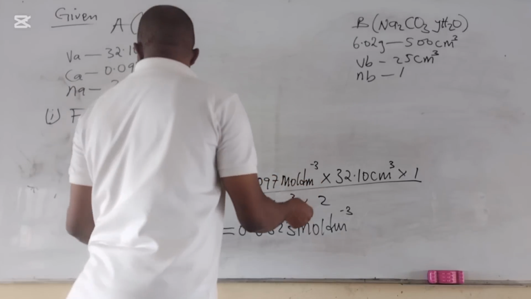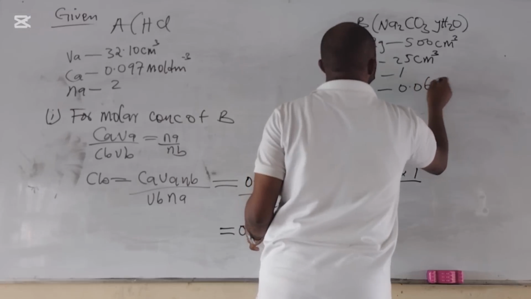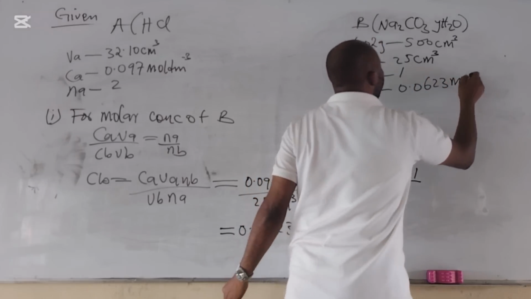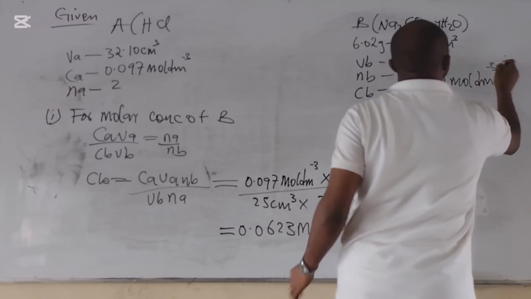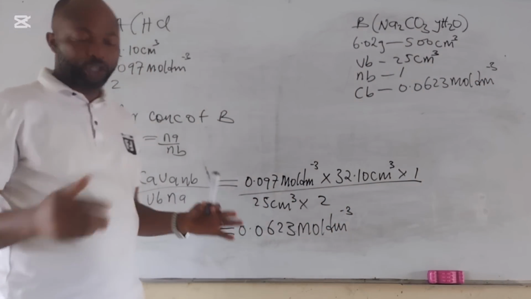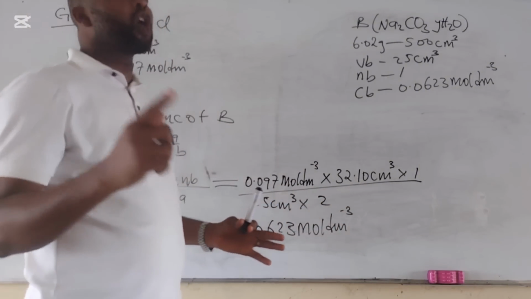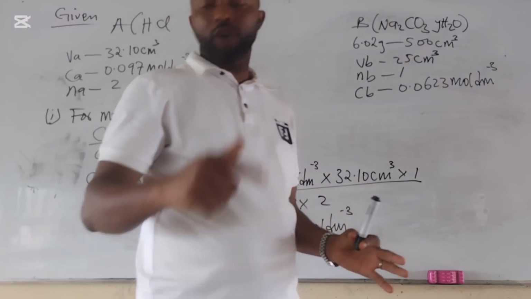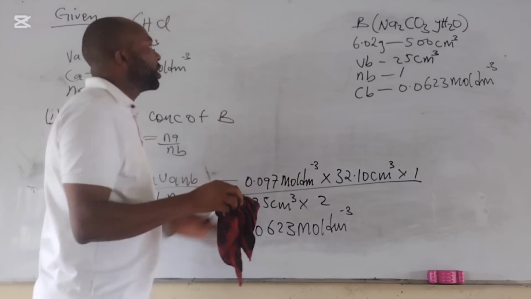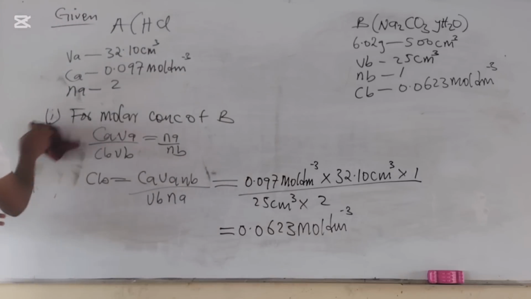Okay, good. So now we have the concentration of the base. I have my CB now to be 0.0623 mole per dm³. That's number 1. Number 2, we've gotten this, so we need to get the mass concentration of anhydrous B. So I want to take this out so I can calculate that.